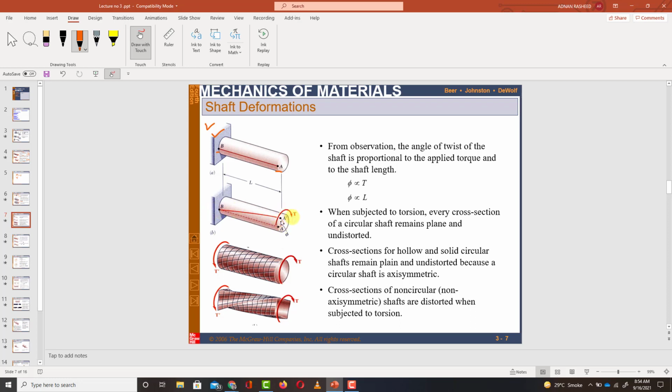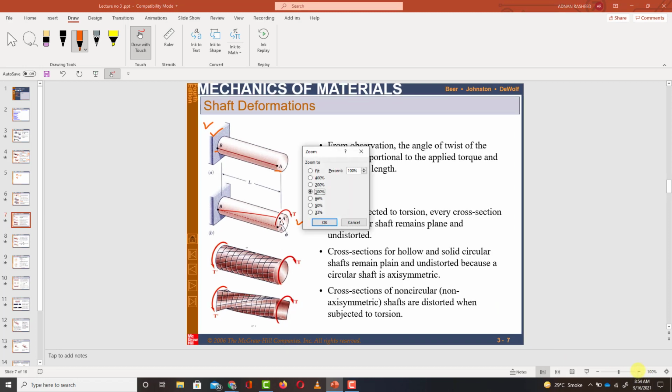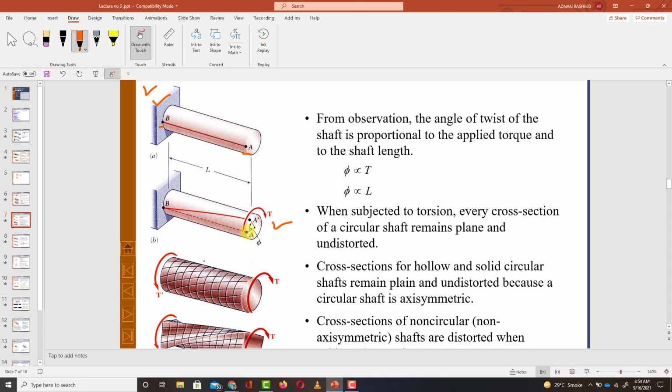When you apply a torque on this shaft, point A will tend to move to another position, from A to A dash, and a new line A dash B is formed. Now you can see the initial line is represented as a dotted line, while the new line is represented as a solid line, that is line B A dash.